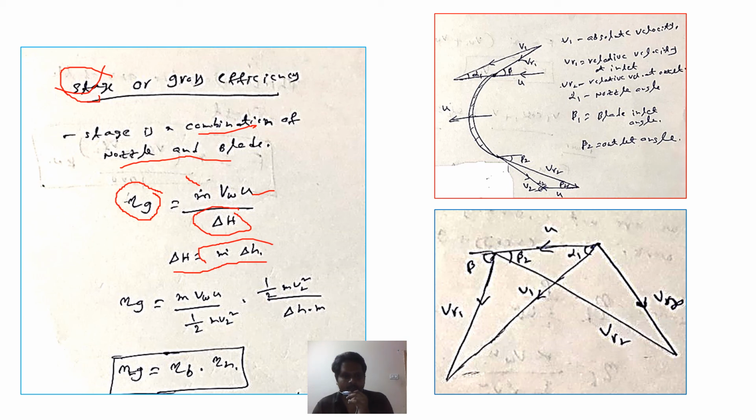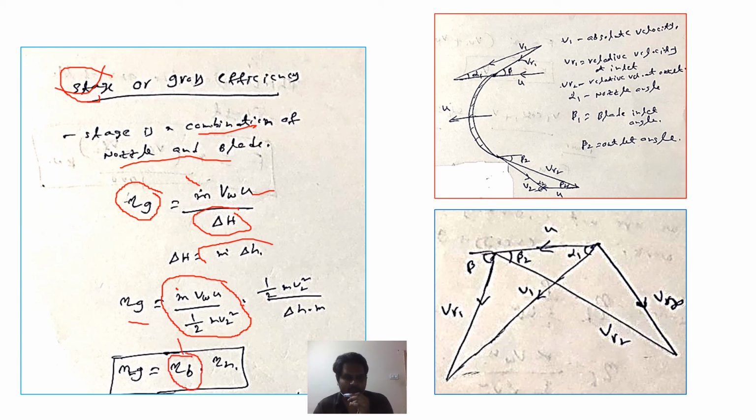So enthalpy drop we can write as m dot into delta H. So gross efficiency equals m dot Vw u. Here we multiplied by half mv square and divided by half mv square, so there will be no change in the equation, divided by delta H into m. Okay. Now here this portion, m dot Vw u by half mv square, that is blade efficiency.